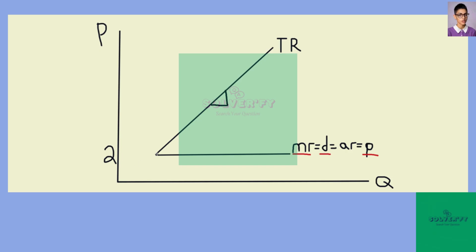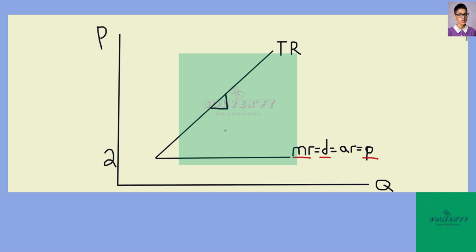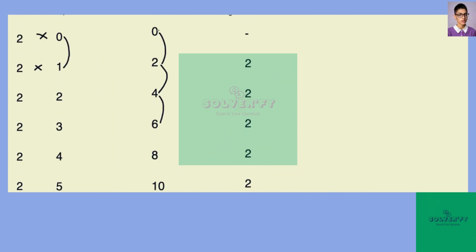That's why we have marginal revenue constant at 2. This is increasing by the same amount of 2 all the way across. This demonstrates the relationship between marginal revenue and total revenue in this graphical way. And look at the chart here. Marginal revenue was the difference as we move through quantity demanded and total revenue.